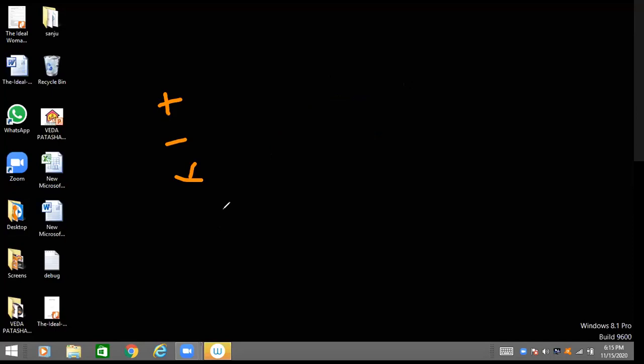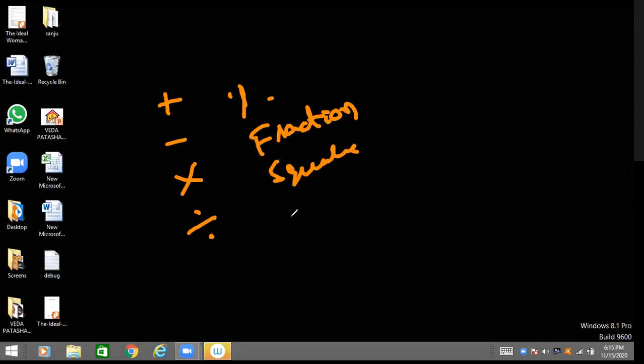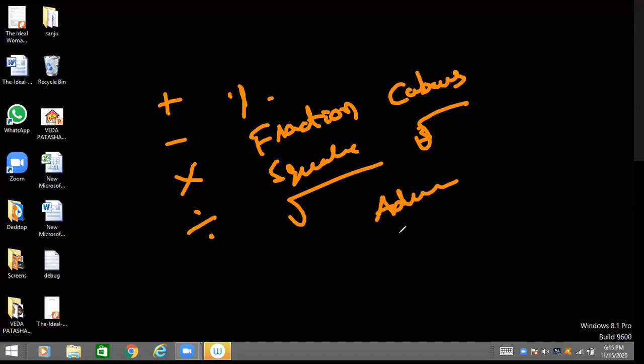subtraction, Vedic multiplication, Vedic division, any addition, any subtraction, any multiplication, and any division, percentages, fractions, squares, square roots, cubes, cube roots, and also advanced techniques like finding whether the given number is prime or not, and also algebra.